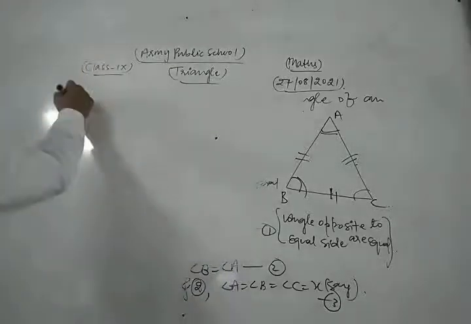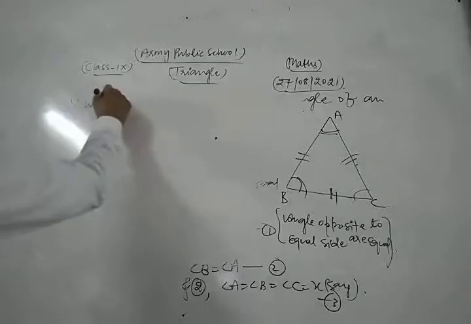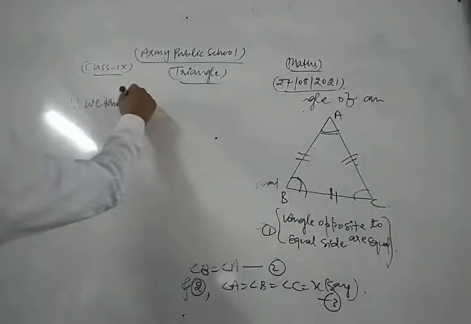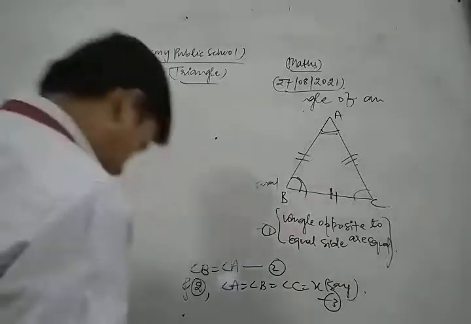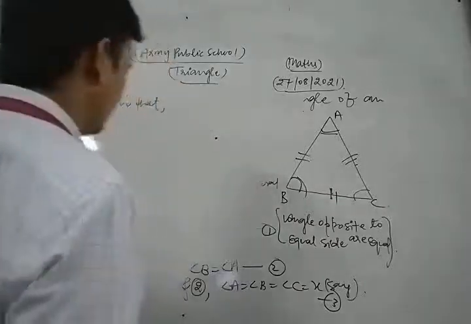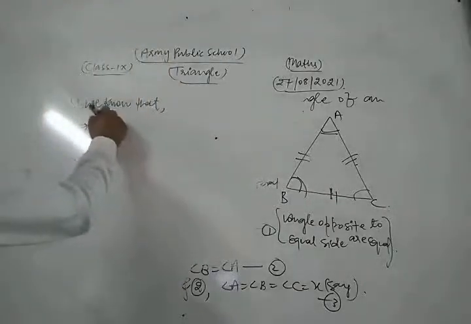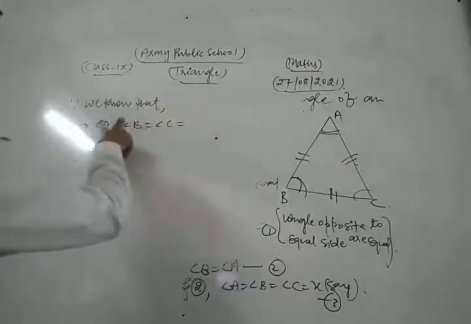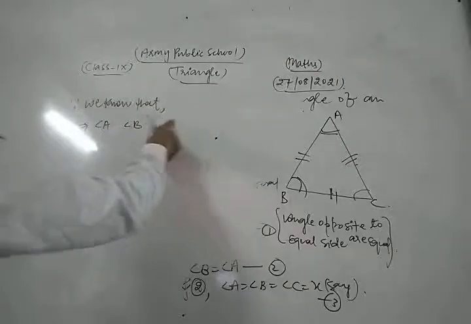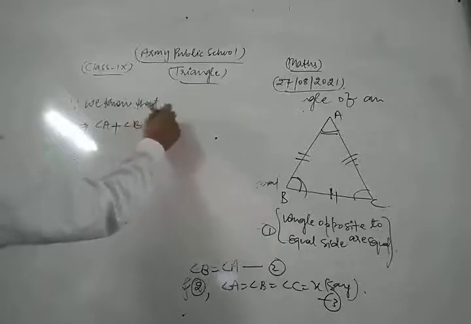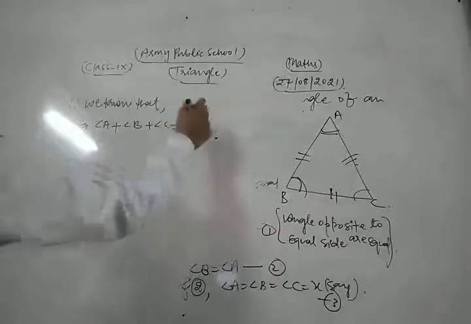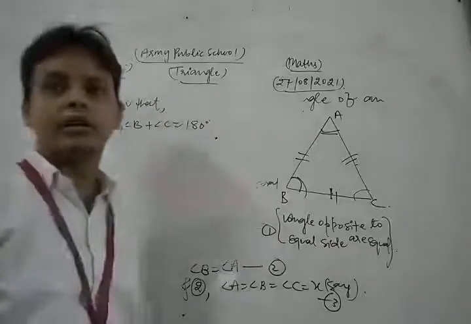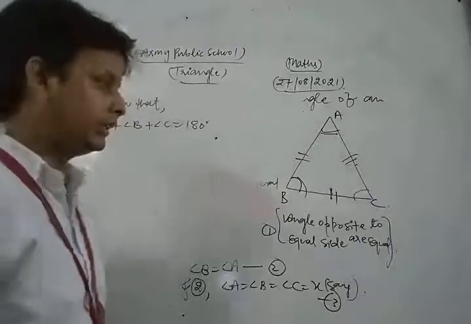Since we know that the sum of all angles of a triangle, angle A plus angle B plus angle C, is equal to 180 degrees. We know that the sum of all interior angles of a triangle is 180 degrees.